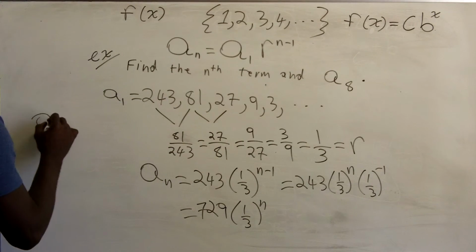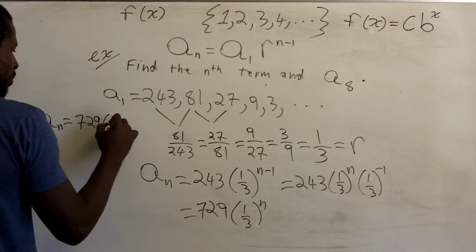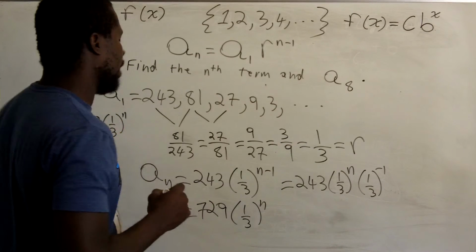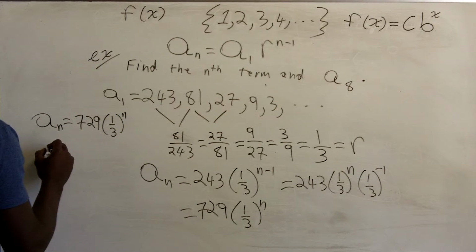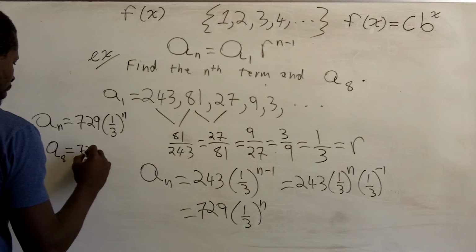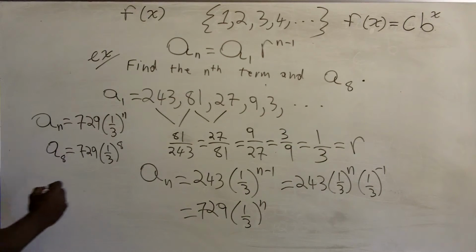I know that an is equal to 729 times 1/3 to the nth power, and they want me to find the 8th term. So a8 is equal to 729 times 1/3 to the 8th power.